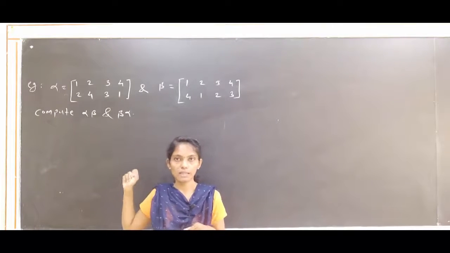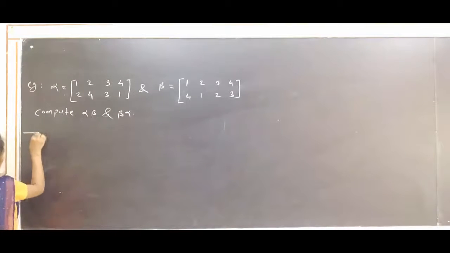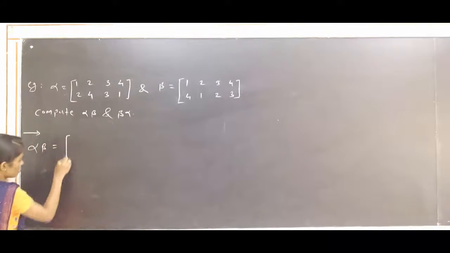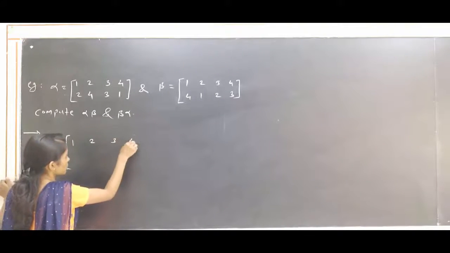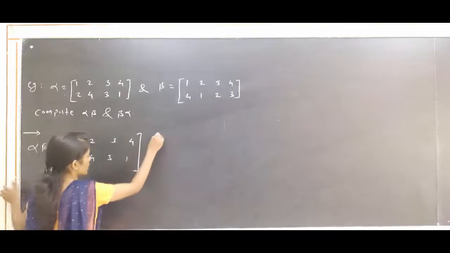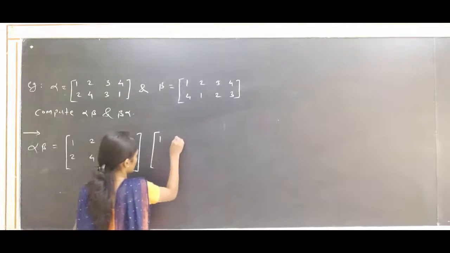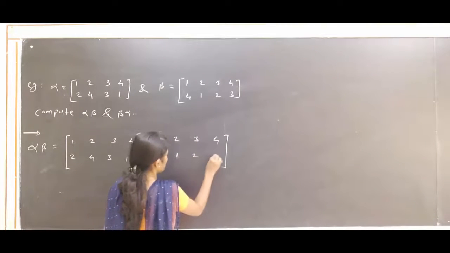So we apply this here for finding the composition. So first alpha beta. So write down in order alpha and then beta. 1, 2, 3, 4 over 2, 4, 3, 1 and beta 1, 2, 3, 4 over 4, 1, 2, 3.